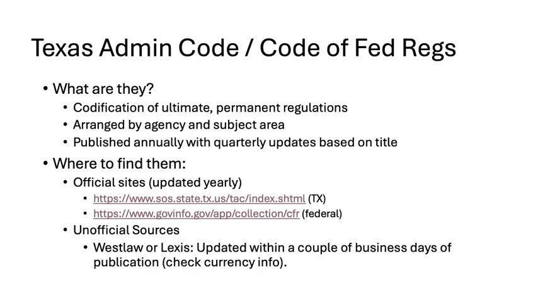They are arranged by agency and subject area, and they're published annually with quarterly updates based on the title. So where can you find them? We've got a couple of official sites that are freely available. We'll look at those in just a moment. And then we've also got our unofficial commercial sources that include Lexis or Westlaw that are updated within a couple of business days of the publication. And you can always look to the bottom for that currency information.